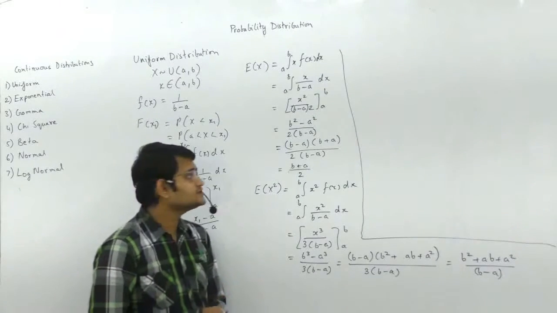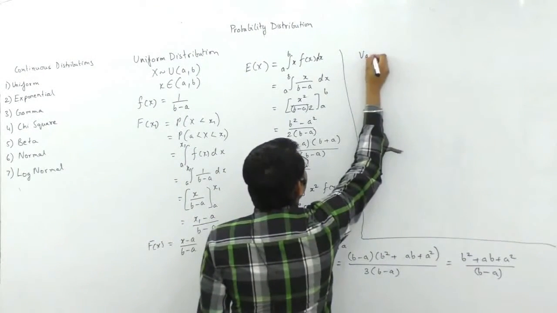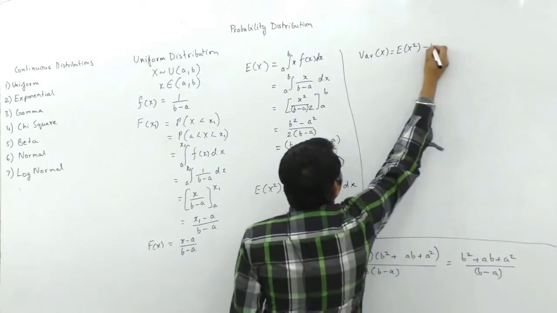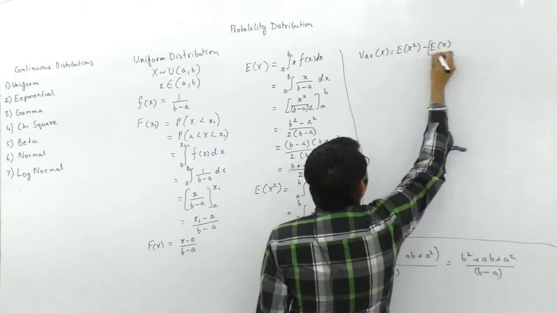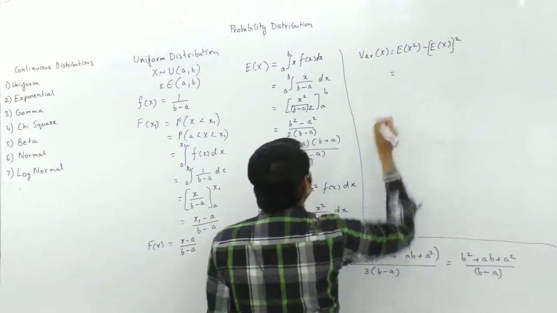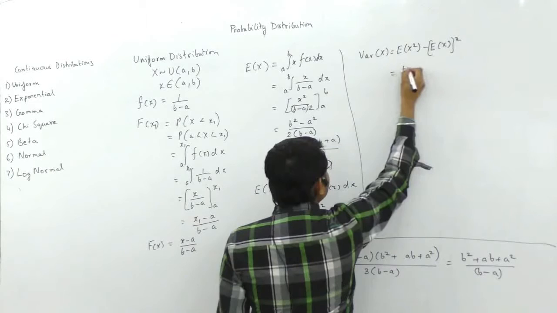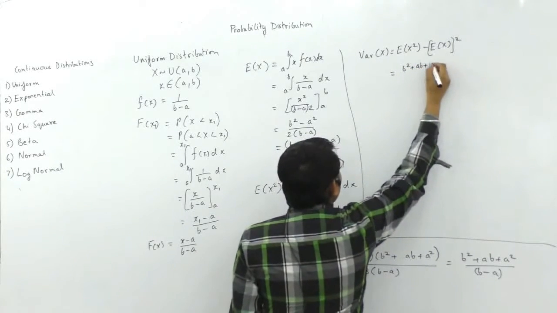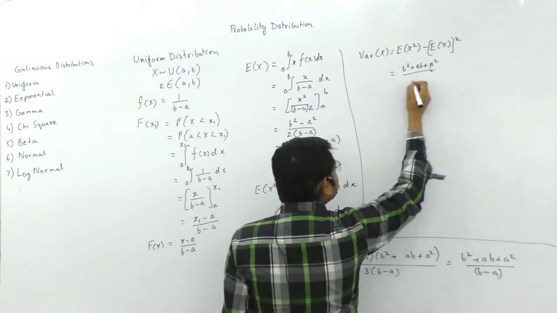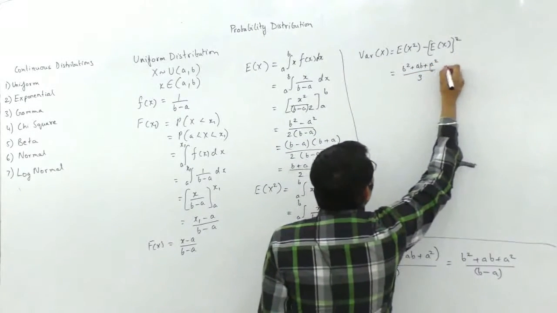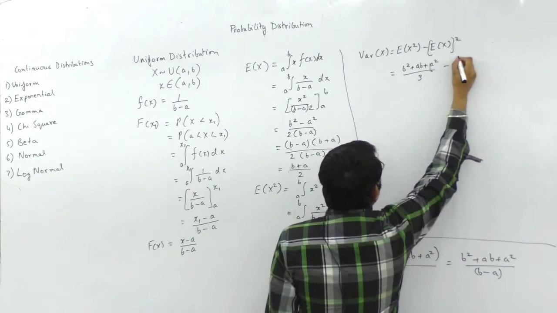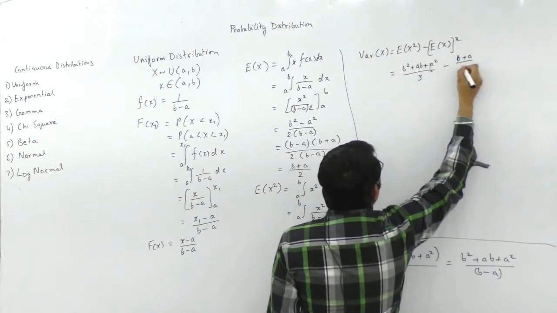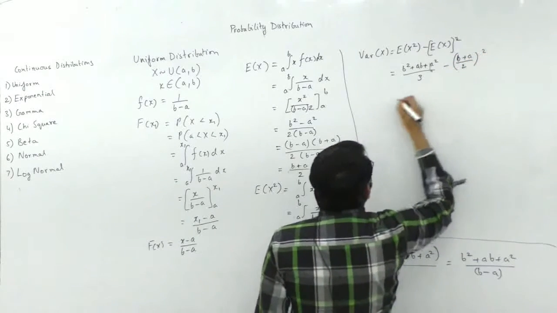Now let's find variance. Our variance of x will be E of x square minus E of x the whole square. So that becomes (b square plus ab plus a square) by 3 minus ((b plus a) by 2) whole square.